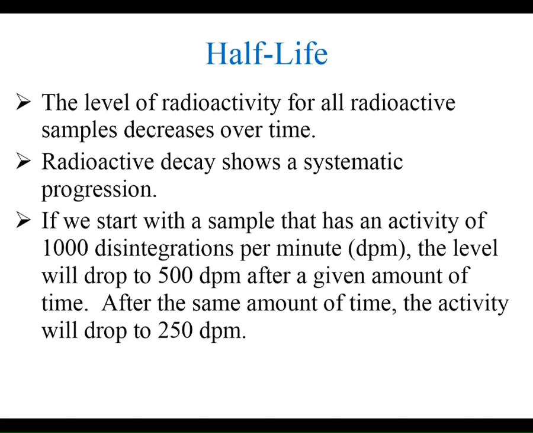So at some point, it'll only be spitting out 500 disintegrations per minute, DPM. And at some other point, half again, 250 disintegrations per minute. So that time that it takes to get to be half as active as it was, that's called the half-life.